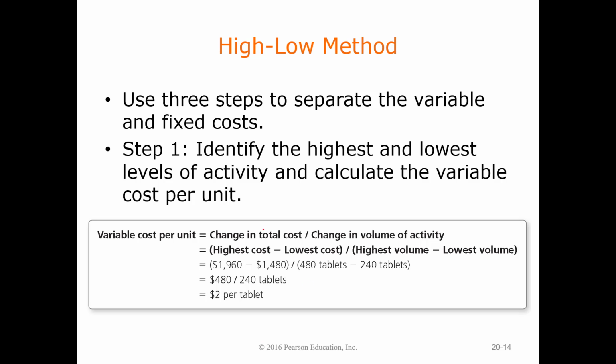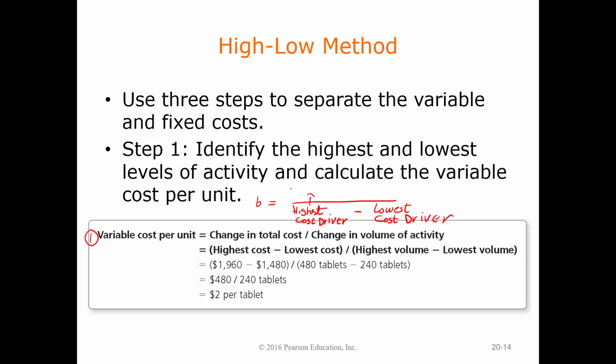The first step is to find out the variable cost per unit, as we said. How to find that? I will say B equal to highest cost minus lowest cost, divided by highest cost driver minus lowest cost driver.